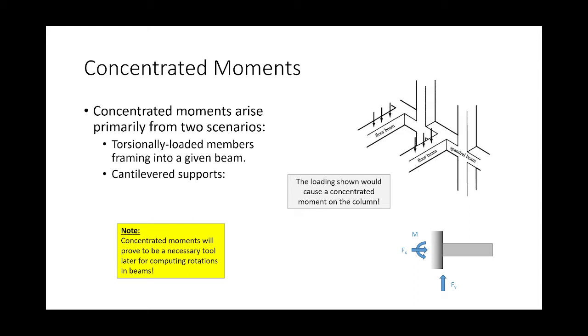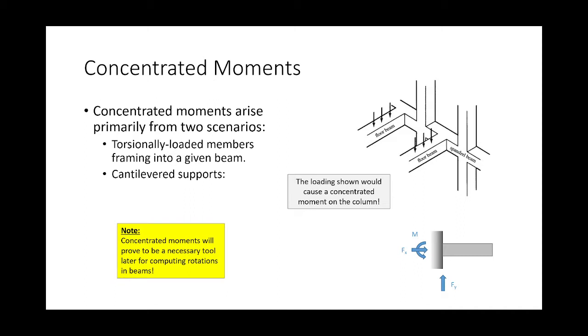Let me be clear, I don't want to come across as the always and never guy, because there's always some weird structure out there that could have concentrated moments on it. But most commonly, the two places you get concentrated moments are from torsion into an adjacent member, or cantilevered supports, or anything with a fixed support.